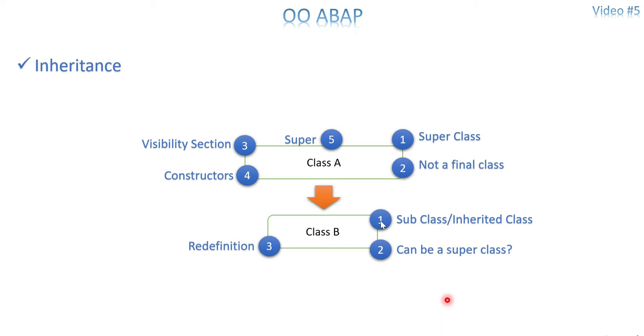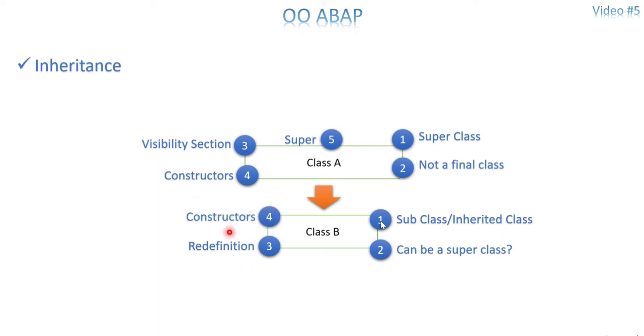Everything is nothing but a call. But I want to redefine it based on my requirement. In that case, you can use a concept called redefinition. You have to redefine the method which you inherited from class A to class B. Then only you are able to add your own methodology or your own concepts. So you have to redefine any superclass method for subclass implementation.